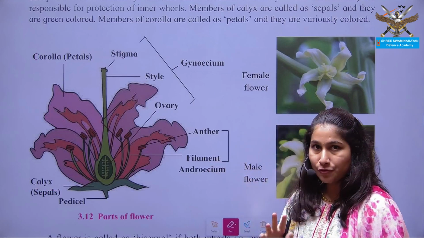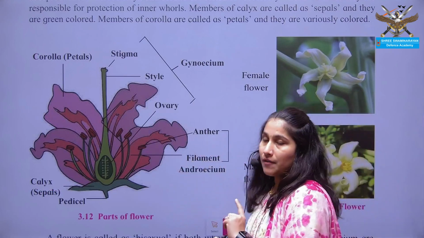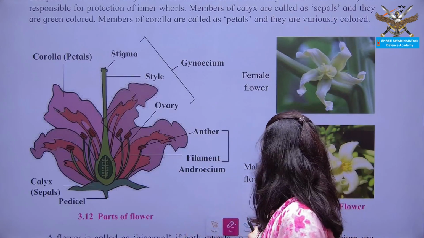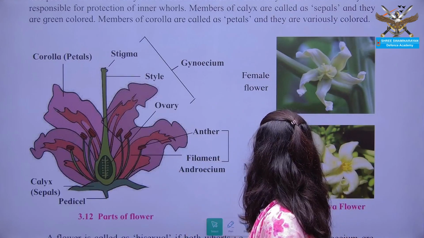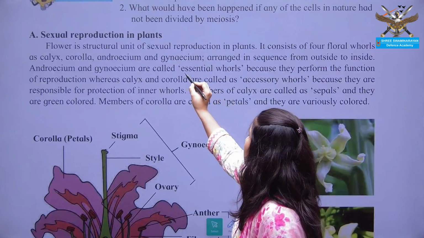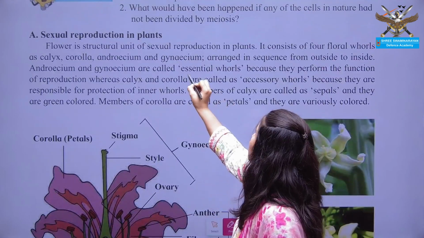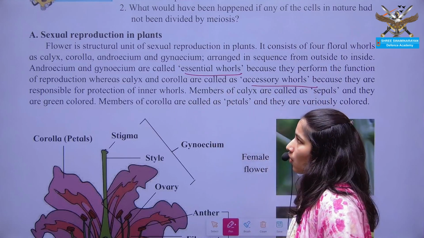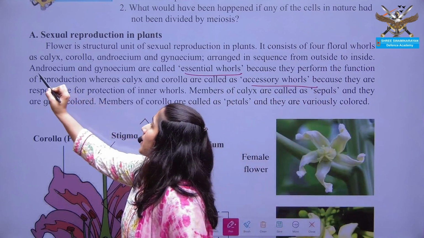So what do you have to remember in a flower? 2 things: accessory whorls and essential whorls. Here it is written essential whorls and accessory whorls. So what are the essential whorls?